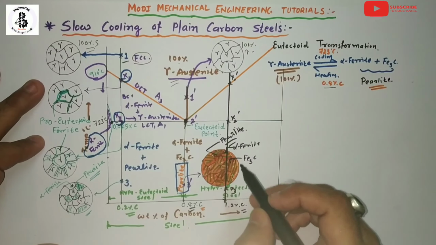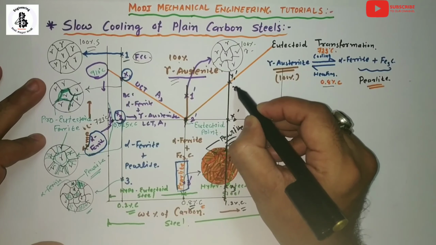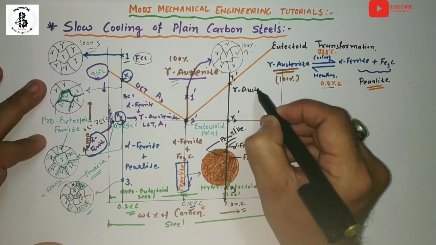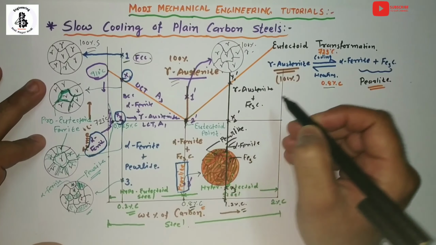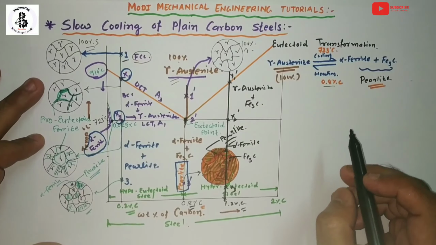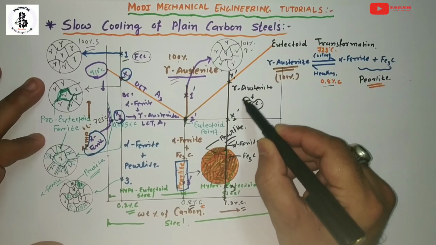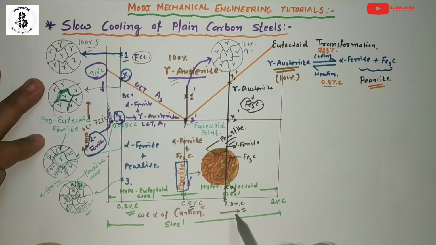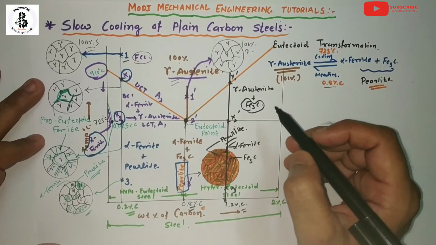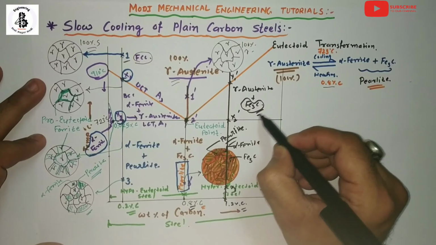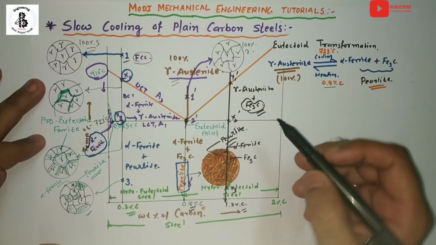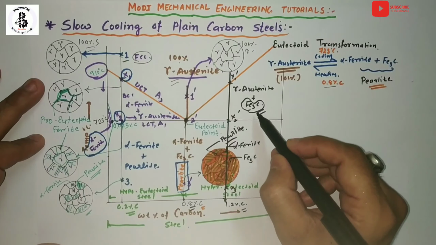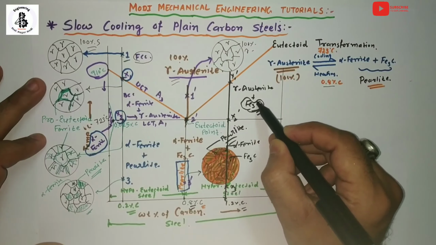So here will be the region of gamma austenite plus cementite, or you can say Fe3C, because of the enrichment of carbon in the iron. The carbon percentage will be up to 1.2%. So that will be the formation of cementite. Once it touches the x2 line, it will be converting into the cementite phase.